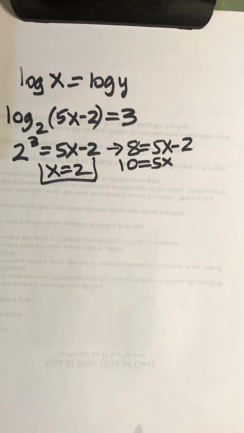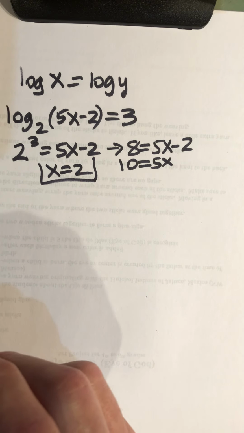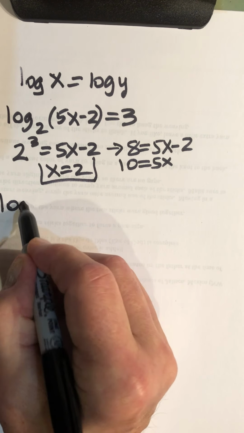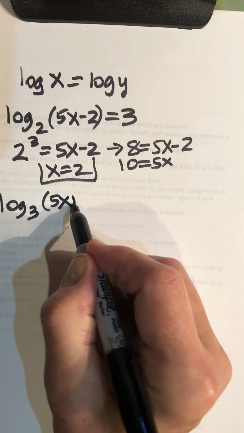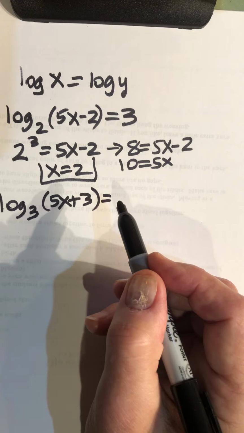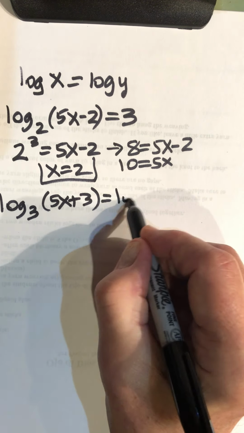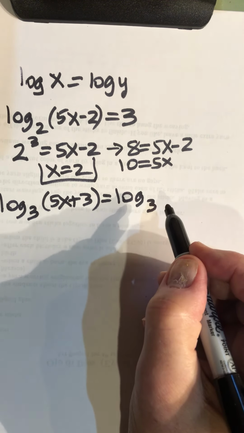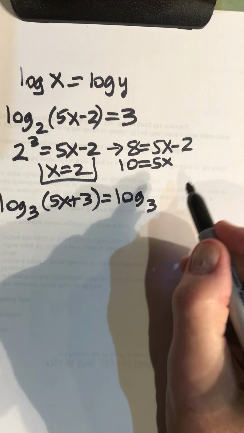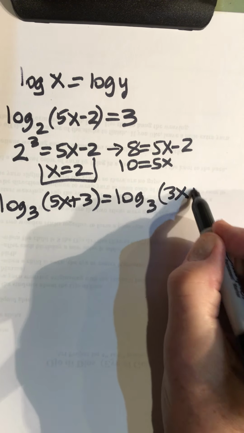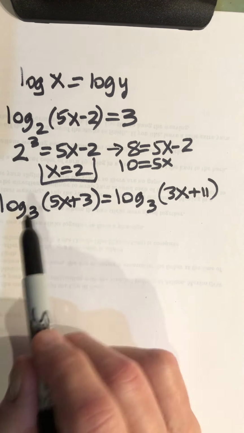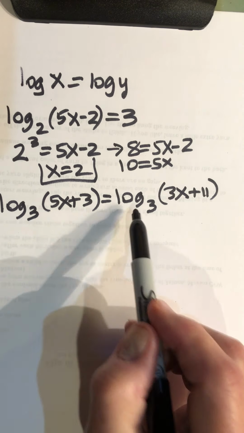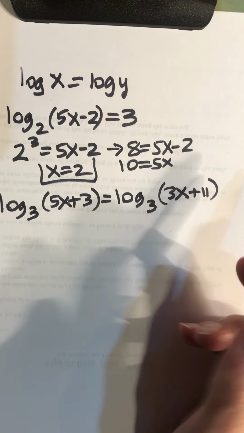All right, let's do another one. What if I have log base 3 of 5x plus 3 equals log base 3 of 3x plus 11. Okay, well again, I've got two logs that are equal to each other. They're the same base. That means their arguments have to be the same.